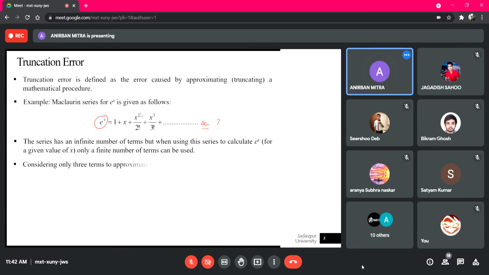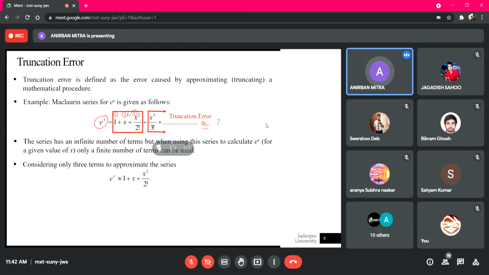Let's say we use 3 terms to approximate this series. So that means we will take the first 3 terms in this series shown here. That is the first term, second term, and the third term. So we will use only these 3 terms to get the value of e to the power x. So what happens to the rest? The rest are left out.